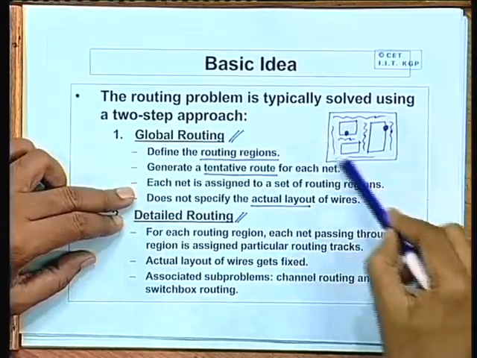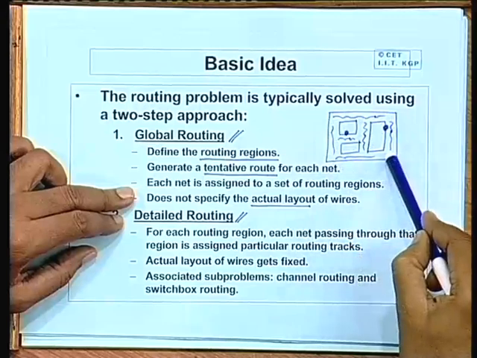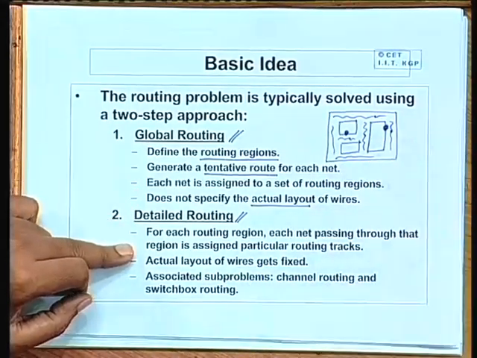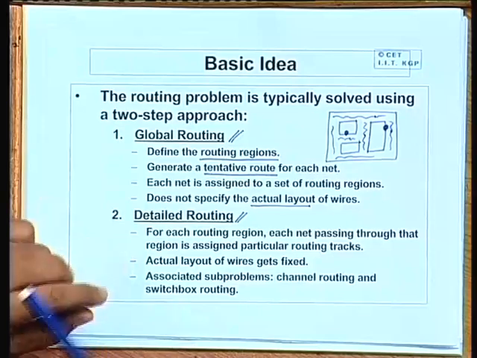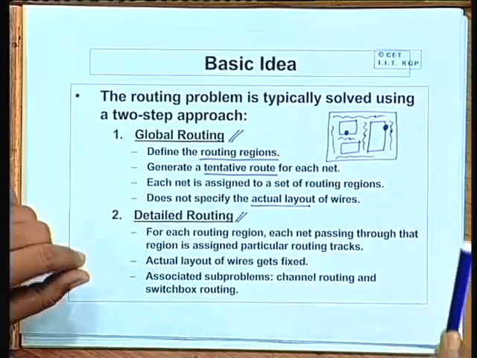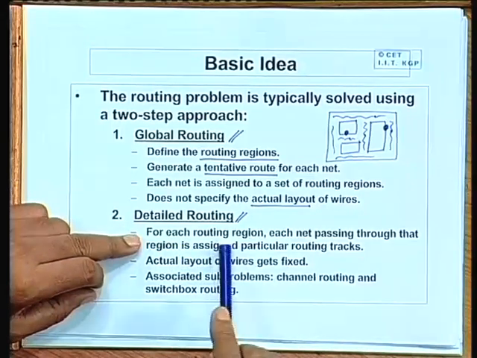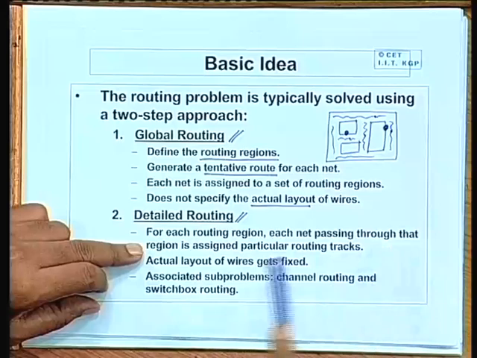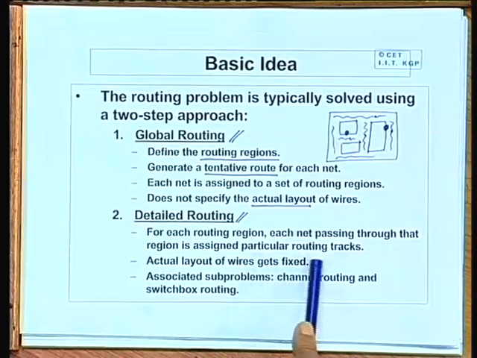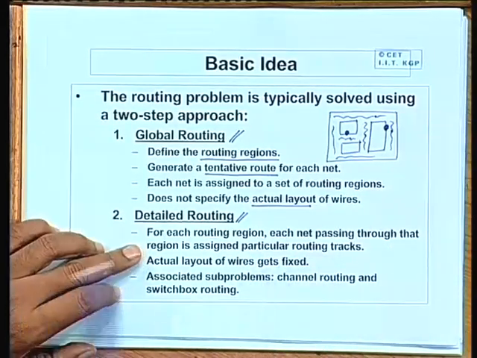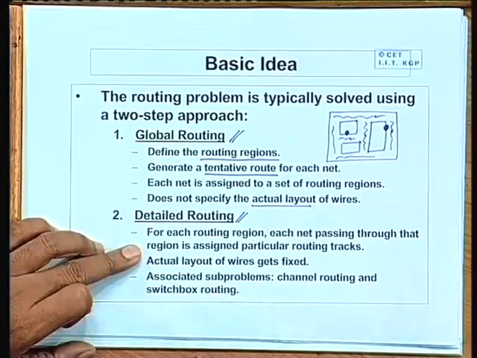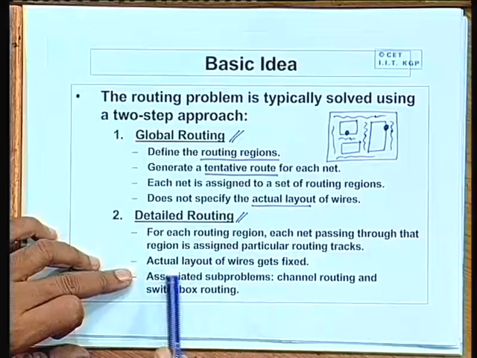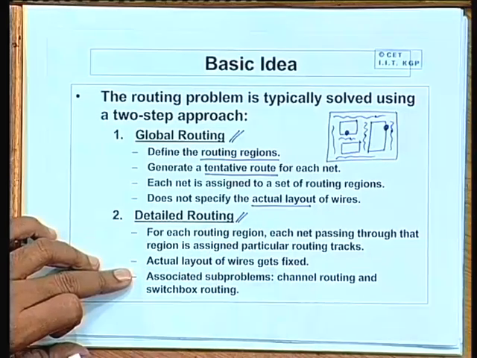After this rough routing information is generated, then you consider one region at a time and try to complete the exact layout of that region. For each routing region, each net which are passing through it is assigned particular routing tracks, which means you are assigning exact geometric locations for those nets. So, after detailed routing, the actual layout of the wires will get fixed.